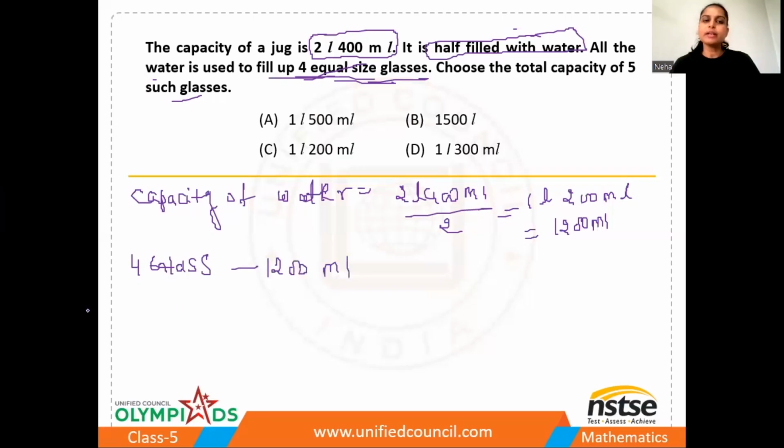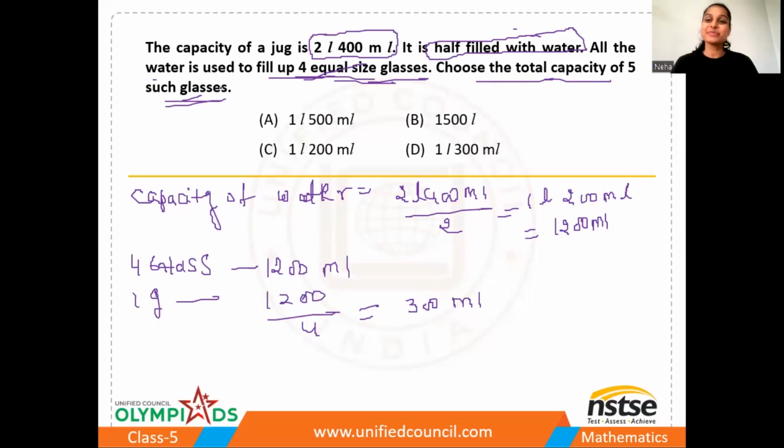Now can you tell me what is the capacity for 1 glass? For 1 glass, it will be 1200 divided by 4. That means it is 300 milliliters. Now, the last part of the question is asking to choose the total capacity of 5 such glasses. We have the capacity for 1 glass, it is 300 ml, so I can easily find the capacity of 5 glasses.